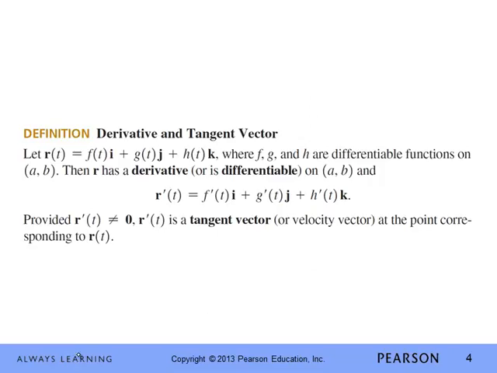So here's how we calculate the derivative actually. We don't really compute the difference quotient and stuff. We just go through and calculate the derivative of each of the individual components, because each of the individual components of r is going to be some function of t. So we just go through and calculate the derivatives with respect to t for each of the components. Giving you a new vector valued function, which we call r prime.